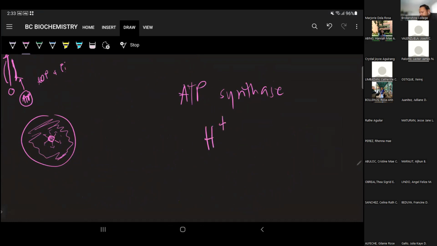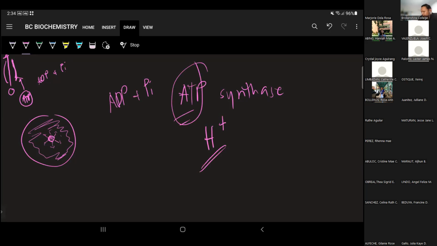I think it needs three hydrogen ions in order to make one ATP, in order to bind ADP plus inorganic phosphate to make ATP. It needs hydrogen ions. Do you follow?